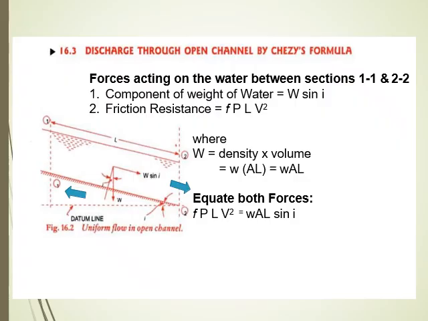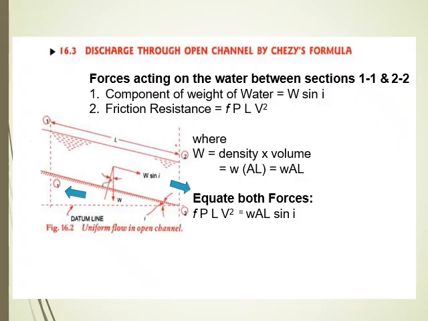So the forces acting on the water between sections 1-1 and 2-2 are the component of weight of water, that is W sin i, and the frictional resistance opposite to the flow, which we have calculated as f P L V squared.